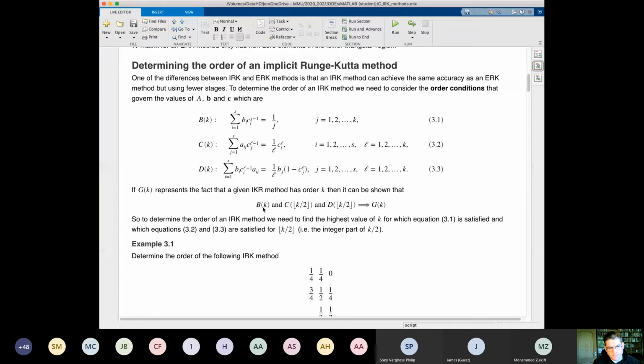You take your K and halve it and round down, and then you check your C and D conditions for that value. If B is satisfied for K and C and D is satisfied for that half K rounded down, that means you've got a method of order K.